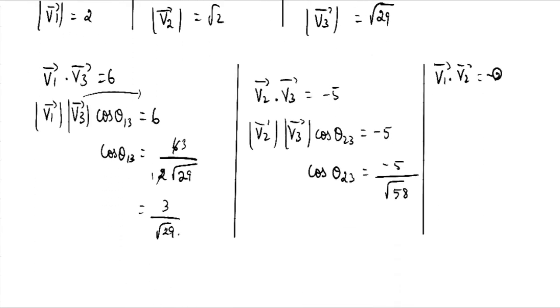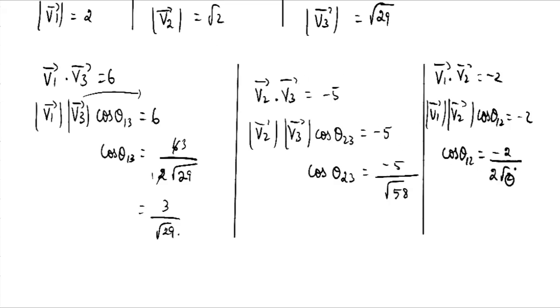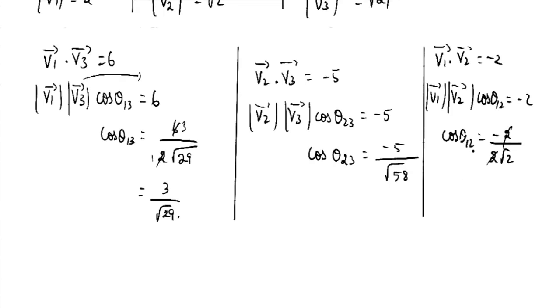Okay students, so cos theta 12 equals minus 2 divided by the magnitude of v1, which is 2, and the magnitude of v2, which is root 2. So 2 into root 2, and the 2 cancels here. Therefore the value becomes minus 1 by root 2.